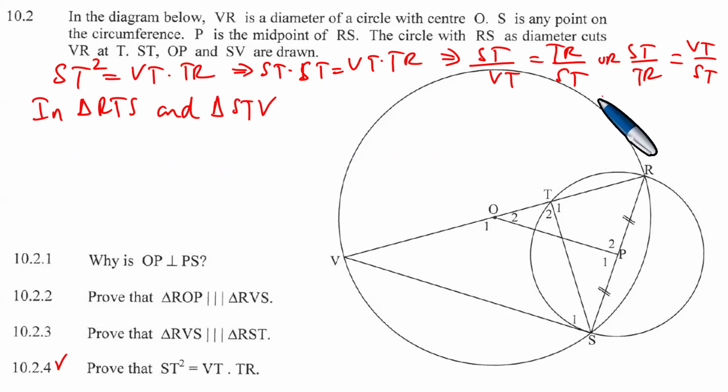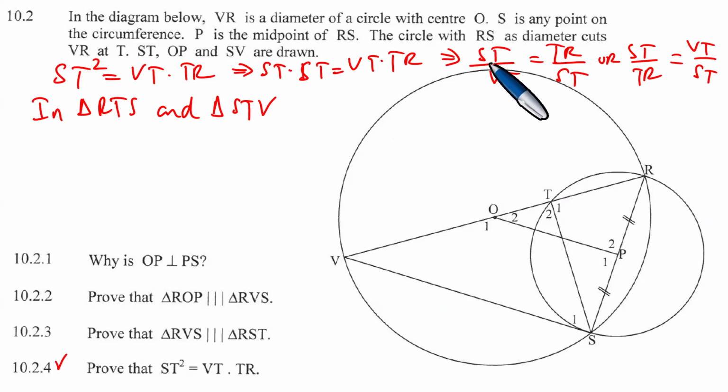If you look at this one here, it has VT, ST and TR.